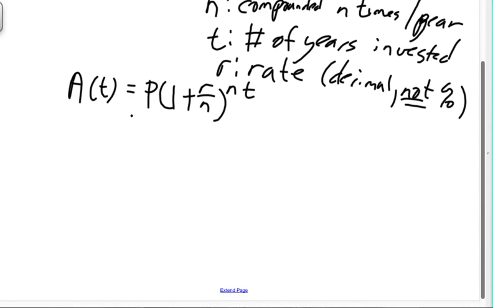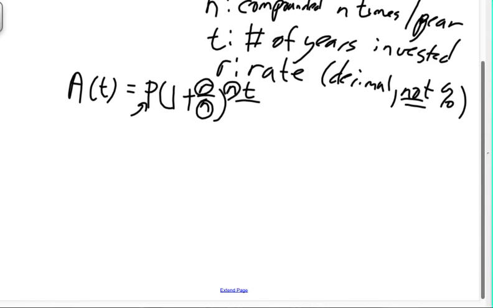Where P is the amount you start with, R is the rate as a decimal, N is the number of times per year you're going to compound it, and T is how long you're going to leave it in. You plug these things in, and you're going to get the amount of money you will have.